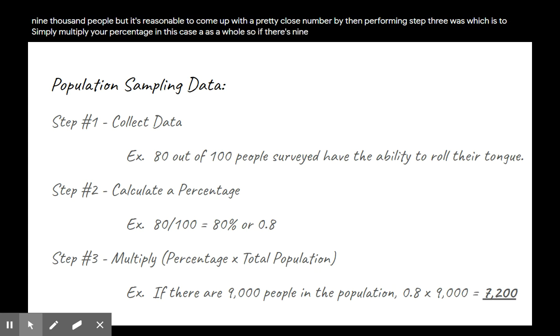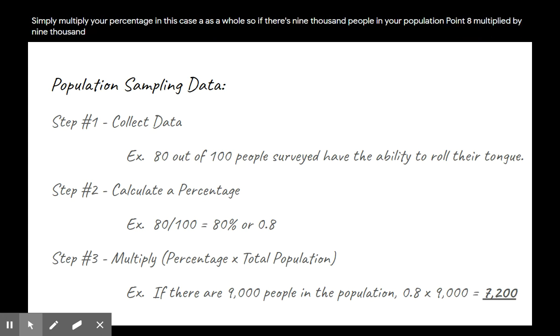So if there's 9,000 people in your population, 0.8 multiplied by 9,000, you would assume that in that population of 9,000, about 7,200 have the ability to roll their tongue, even though you only surveyed 100 people. That's the idea of population sampling.